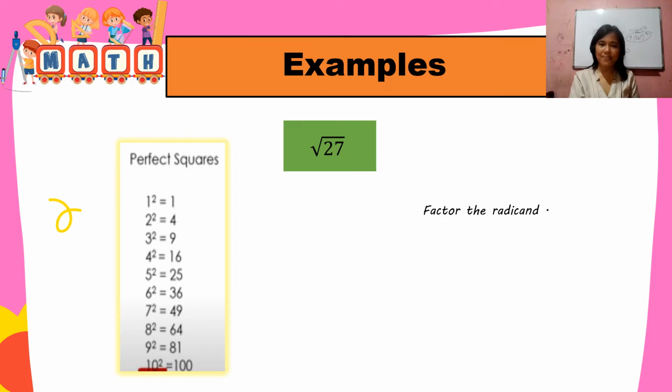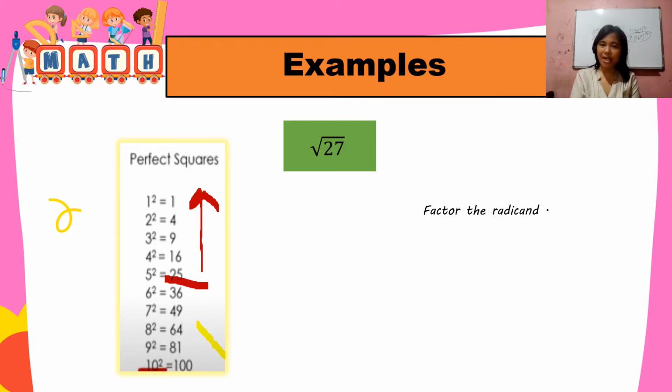Paano gamitin tong table na to? Okay, ganito. 27 ang number natin. So, more or less, yung 27 is dito lang siya. Dun ka humanap ng makakapag-divide sa 27 mo.